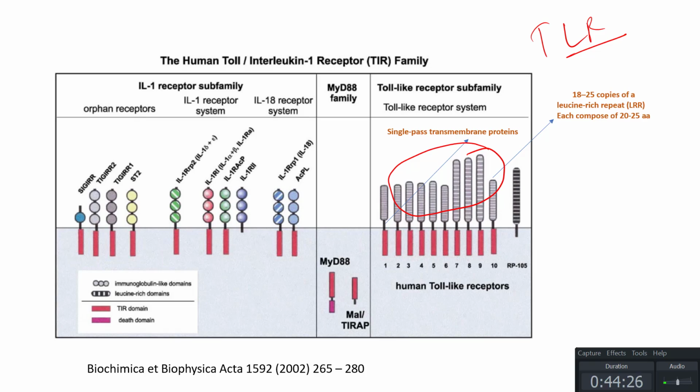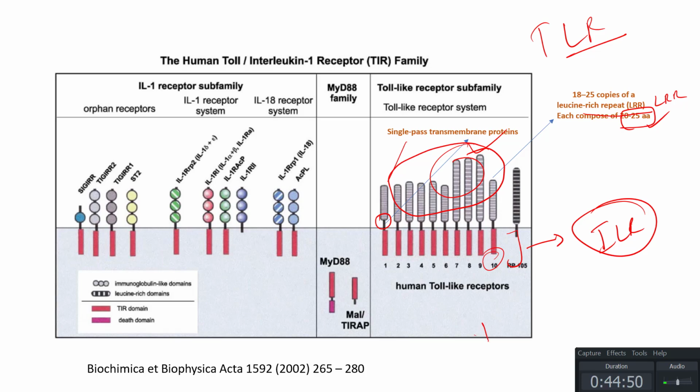It has three regions in the protein. One is 18 to 25 copies of leucine rich repeat, that is LRR, each of 20 to 25 amino acids. Then there is a single pass transmembrane domain, and a third domain, which is called the interleukin receptor domain. The interleukin receptor domain will be activated whenever TLR is getting activated.